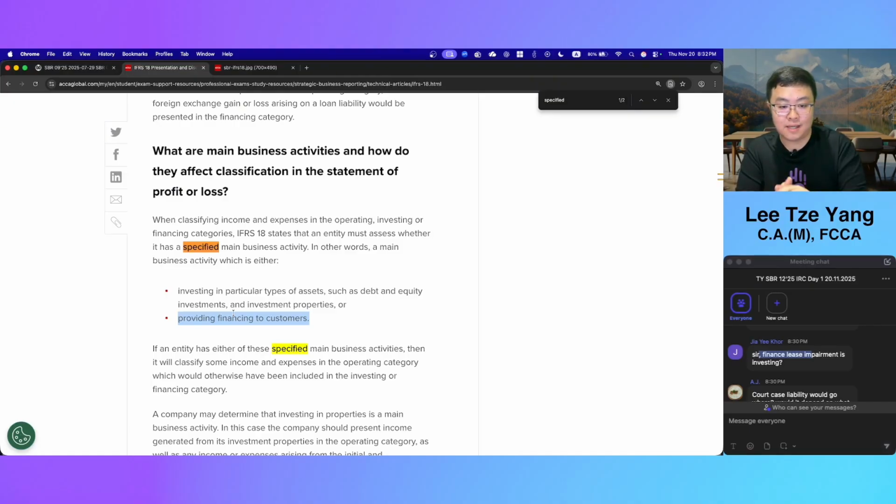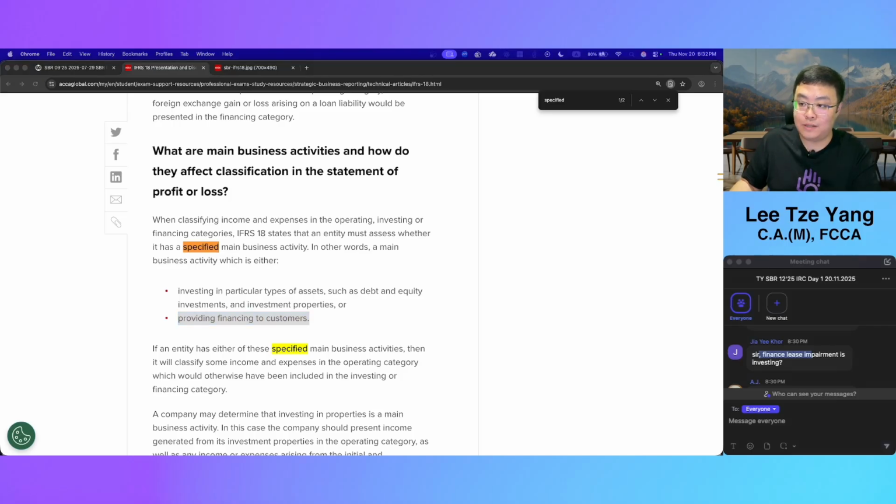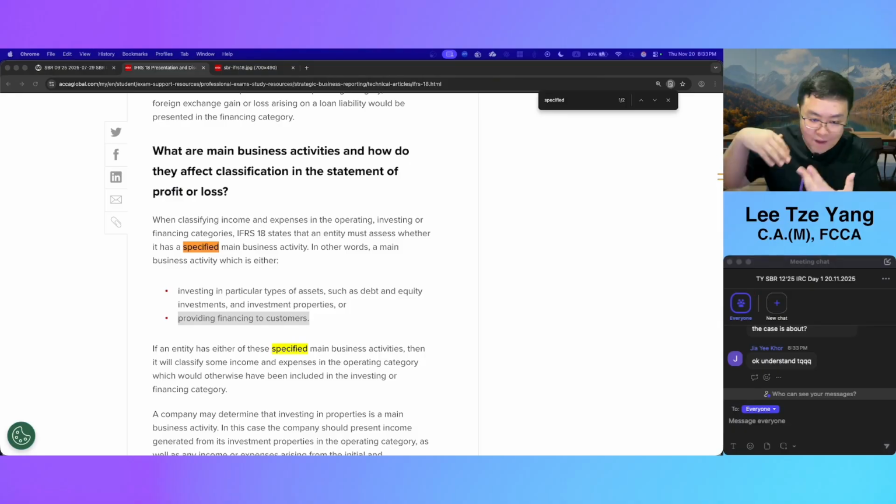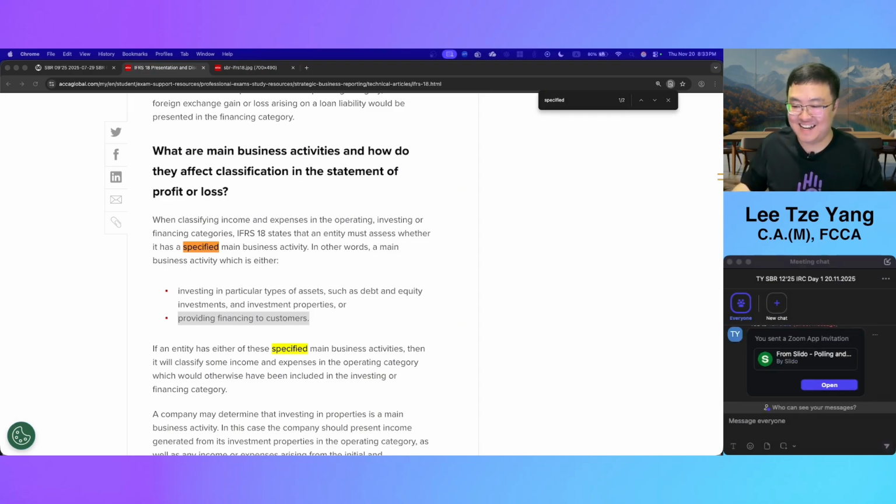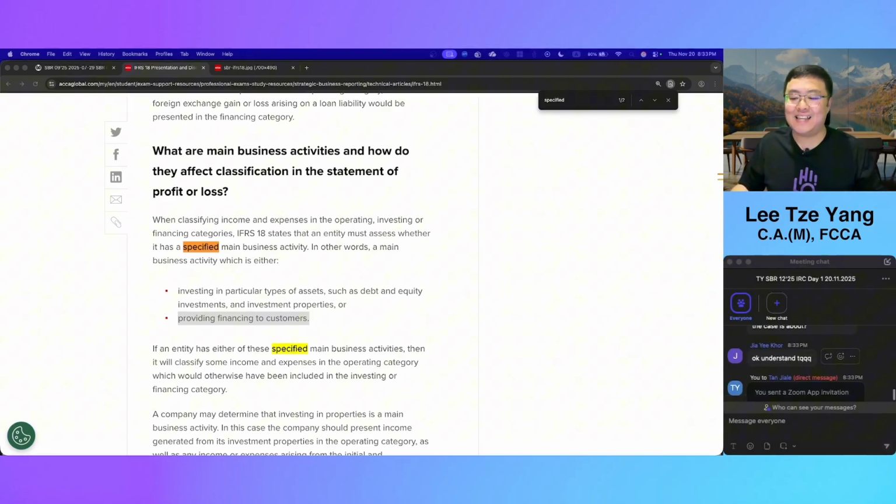Then the interest income you earn from finance lease is under operating. But if you tell me my finance lease is actually not my main business, the interest income, we can put it under investing. So see how it is. If your principal activity is leasing, of course that must be operating. So we have to see the case.